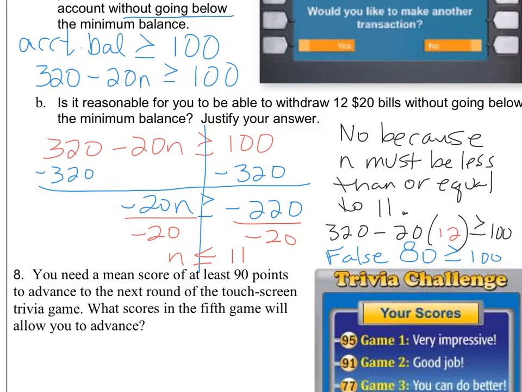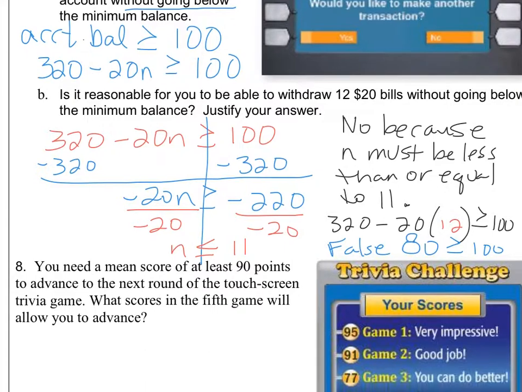That would work just as well, where I just plugged in 320 minus 20 times 12 bills and check to see if that was really greater than or equal to 100. And when I simplified that, I came down to 80 is greater than or equal to 100, which is false, which means no. So either solution would work.